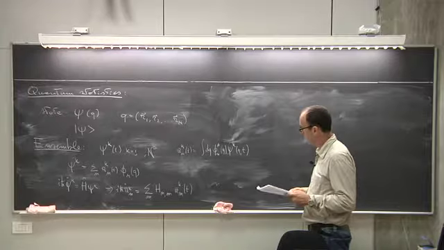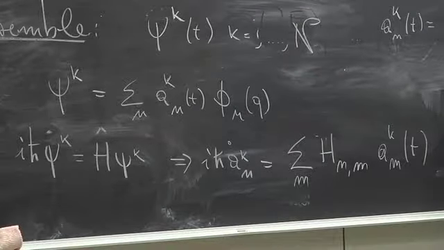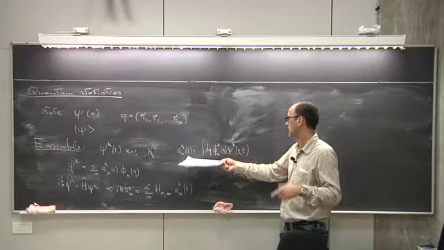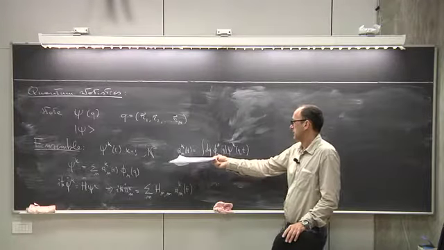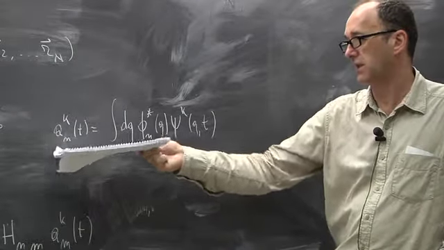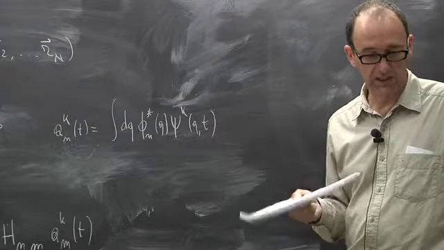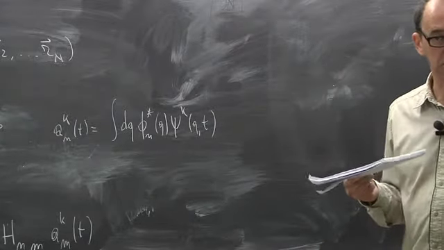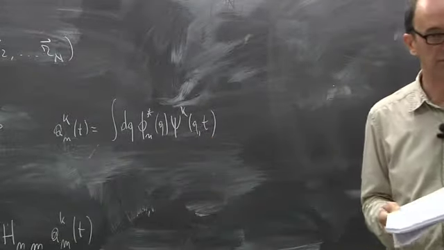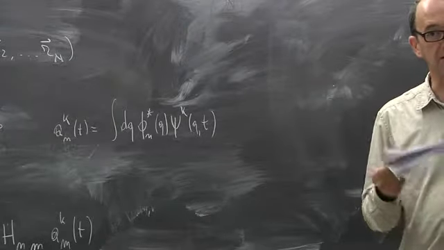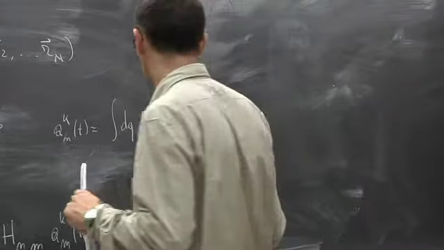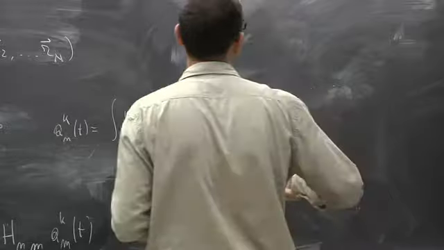Now, quantum mechanically, you can think of these coefficients as the probability amplitude. So the modulus square of this object here is the probability that if I look at the point k of the ensemble at time t, it will be in state n. Now I am interested in averages over the whole ensemble. So it is convenient to introduce the density matrix.